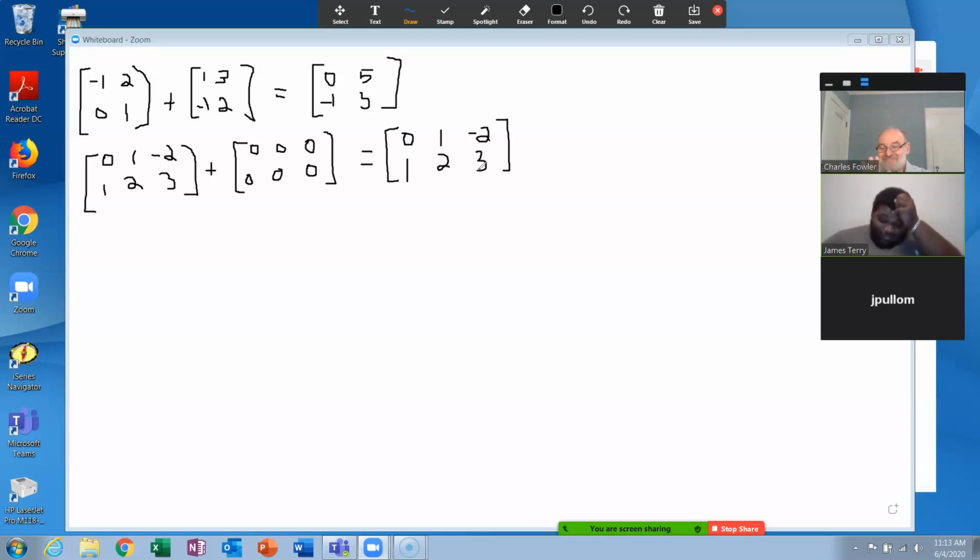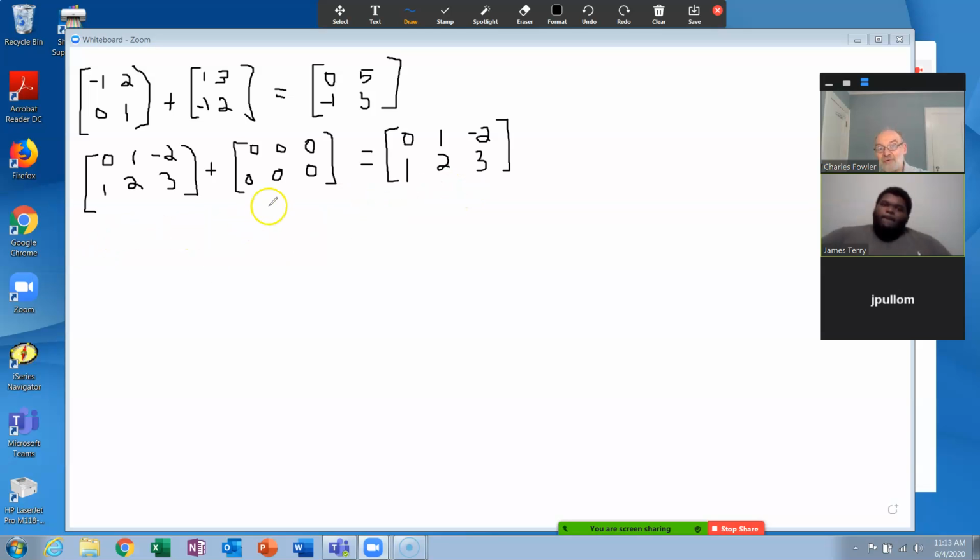Now, just like 0 in real numbers is called the additive identity element, when you have a matrix that's all zeros and is of the right size, that's called a 0 matrix. Well, it's always called a 0 matrix, no matter what size it is. But if it's the same size as the thing you're adding to, then when you add a matrix to the 0 matrix of the same size, you get the same matrix you had to begin with.